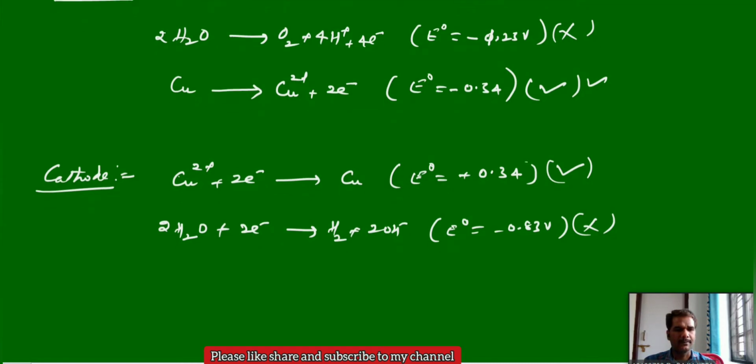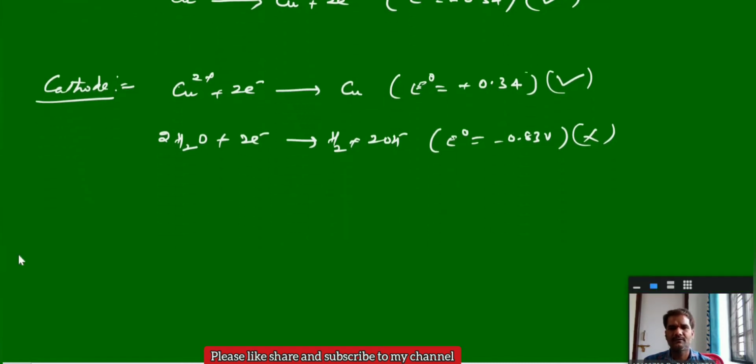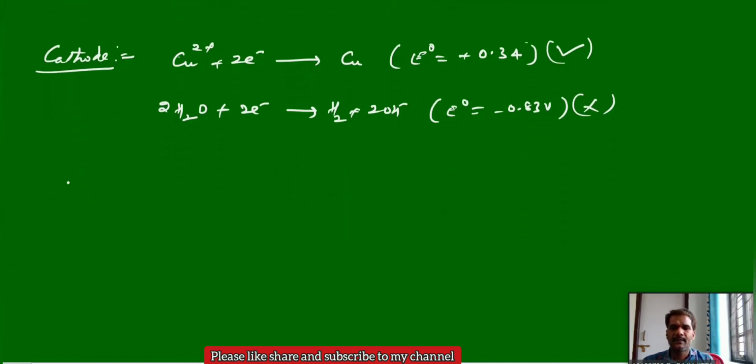So overall, what happens when you use aqueous copper sulfate with active electrodes? At the anode, copper dissolves and is converted into Cu2+ ions.